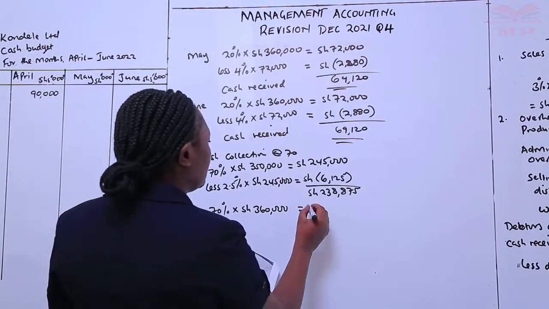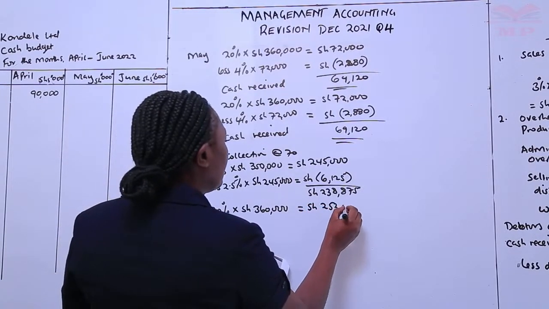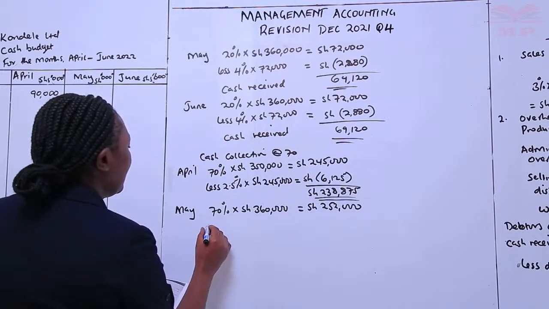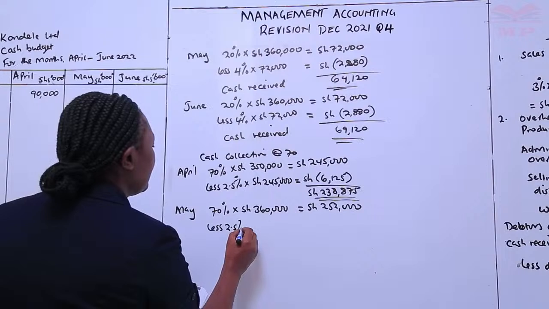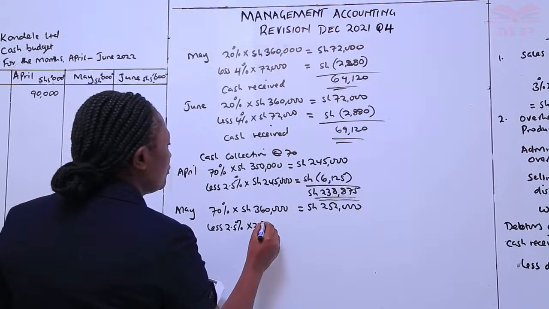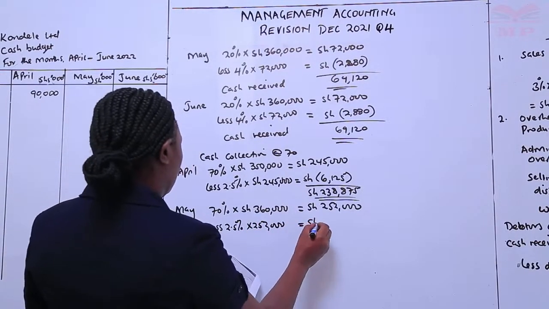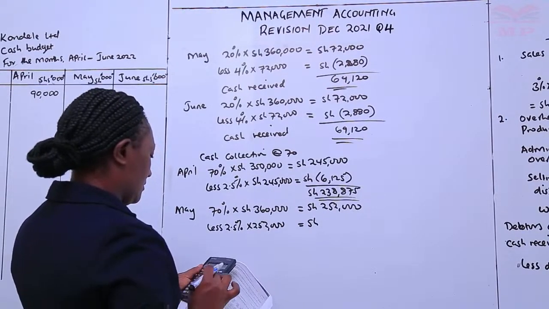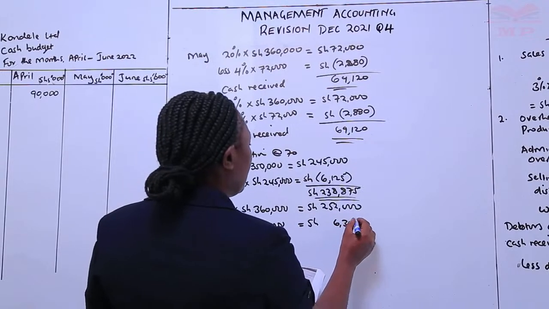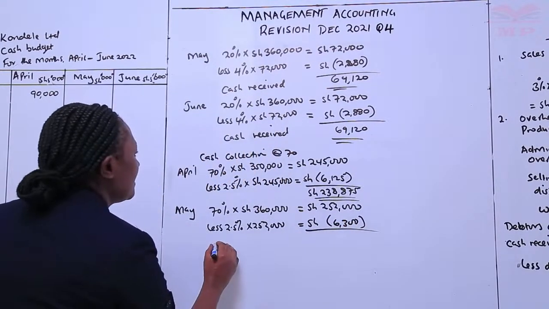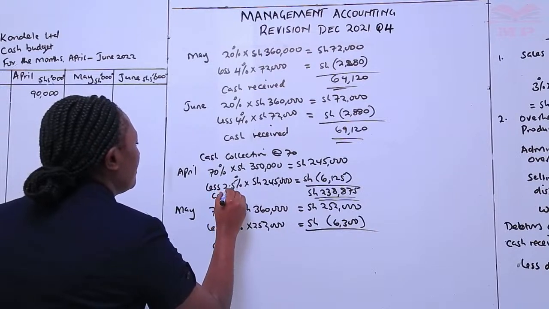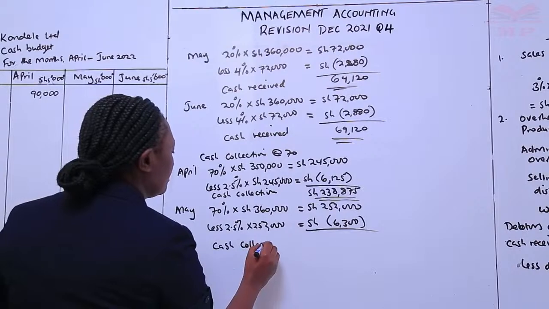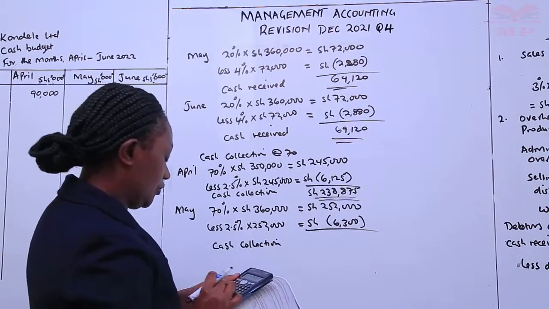This is 252,000, and then we less a discount of 2.5% on that which was to be paid. And this will give us 6,300. So when you subtract, this is the cash collection.